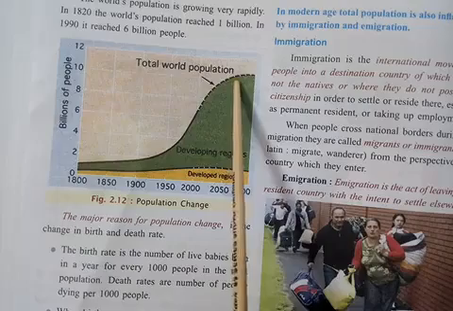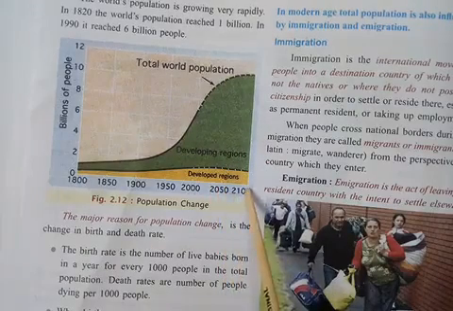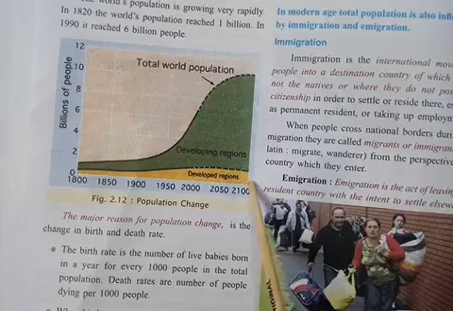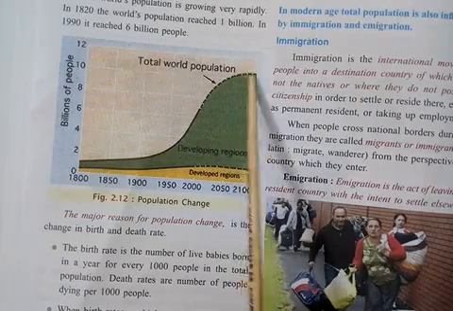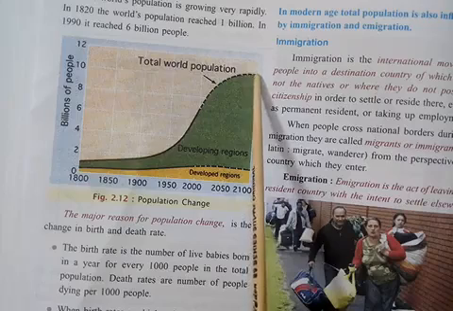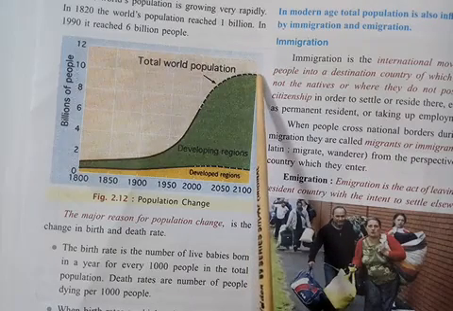Now what will happen after 2050? It is expected that till the 21st century, 2100, this population will come down and become constant. So they are expecting less than 11 billion.